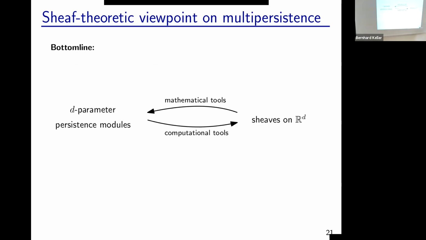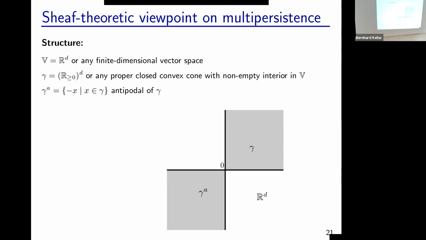To draw these connections between multi-parameter persistence modules and Euclidean sheaves, there are some intermediate objects that we need to look at. Basically, we're going to take R^d and equip it with three different topologies. First of all, there will be the Euclidean topology, the standard topology. Then second, we're going to choose a cone.